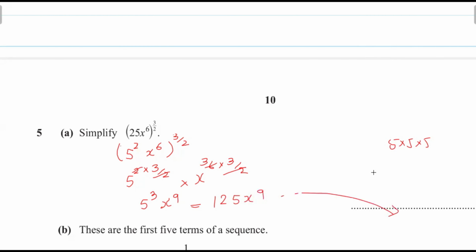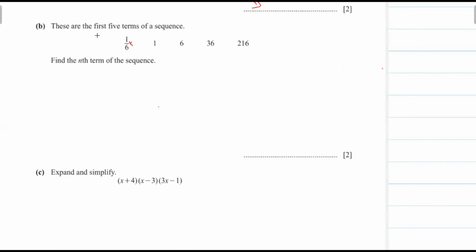This is the answer. Part B, there are 5 terms of a sequence. Find the nth term of the sequence. Look here, these are the 5 terms. Each term we get, if we multiply the preceding term by 6, we get the next term. Therefore, all these terms are multiples of 6.